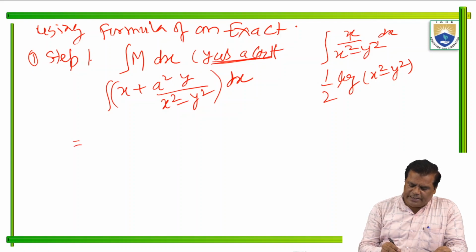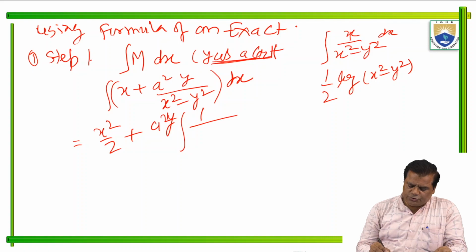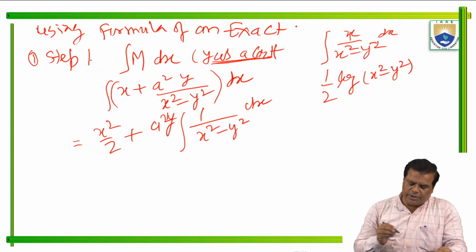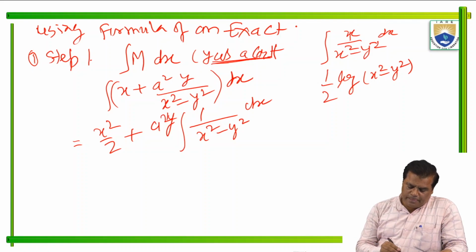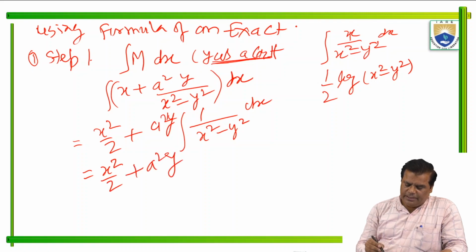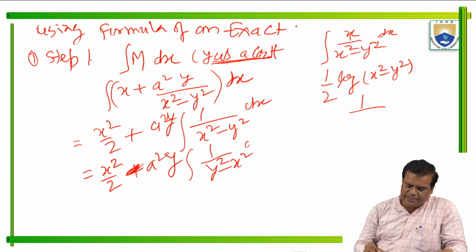So integrating x gives x square y upon 2, and plus a square, integrating this with y as a constant. So y is common, 1 upon x square minus y square dx. So this is x square upon 2 plus a square y, and now taking minus common, integrating 1 upon y square minus x square dx.